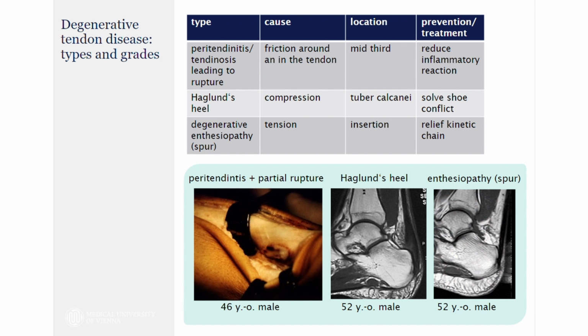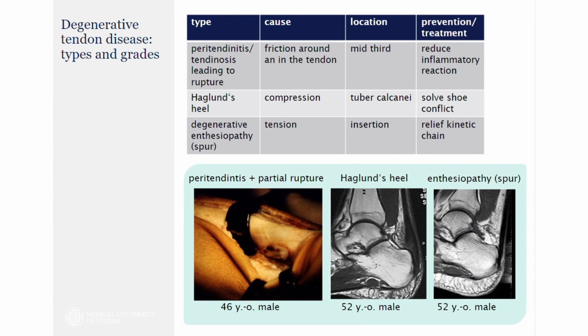Here you again see the overview. Peritendinitis, the cause, it's probably friction, the location, and the principles of prevention and treatment. Haglund's heel is a degenerative disease totally different from it. It's a typical form of compression tendinopathy. That's an example of Haglund's heel.